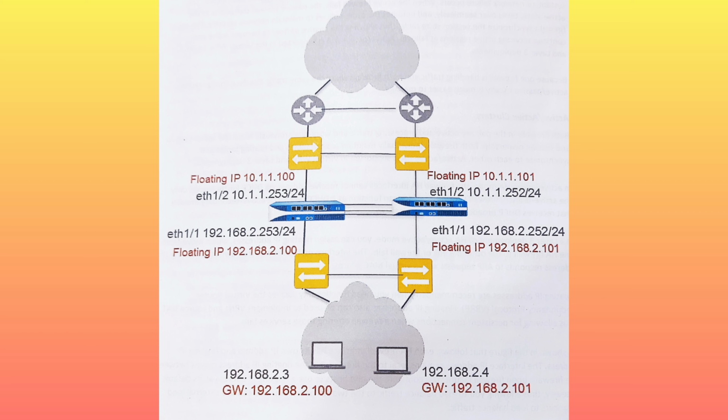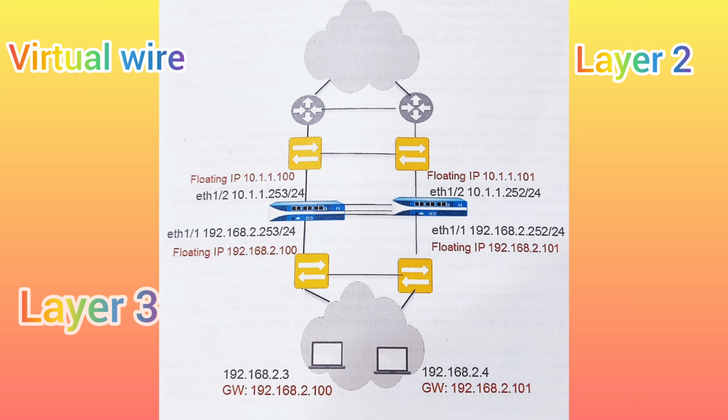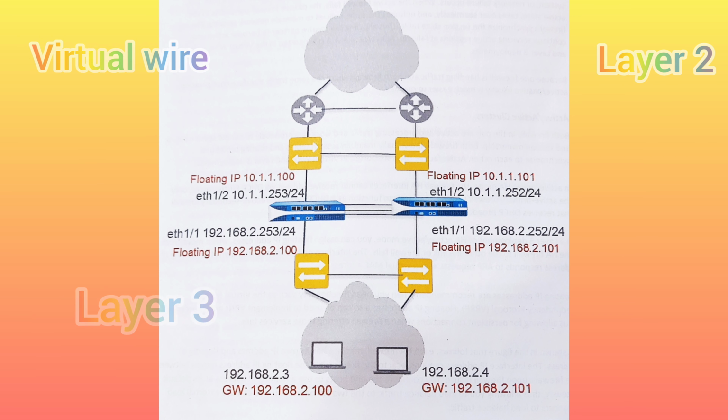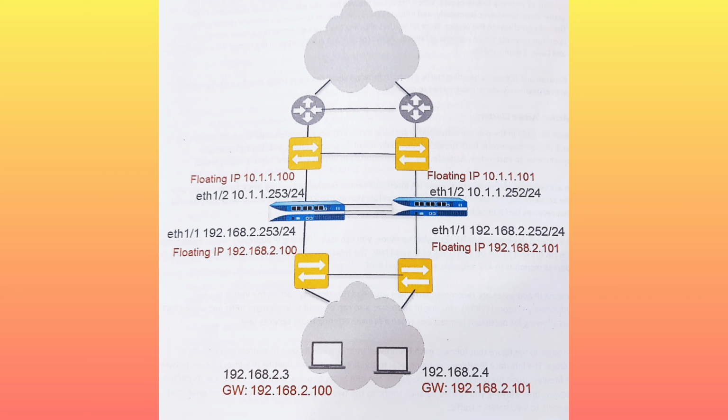The firewalls synchronize the state table, thus allowing the passive partner to become active and continue servicing active sessions at failover. Active/passive HA is supported in virtual wire, Layer 2 and Layer 3 deployments. Because one firewall is handling traffic and both firewalls share the same traffic interface configuration, active/passive is usually much easier to manage.